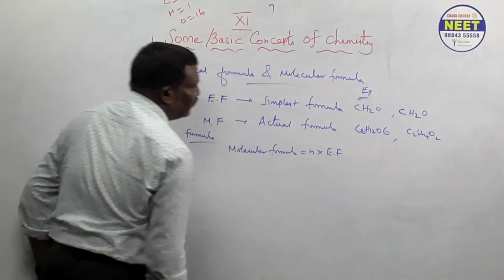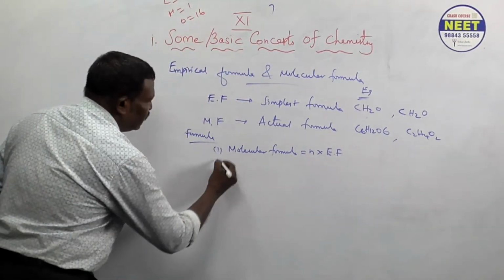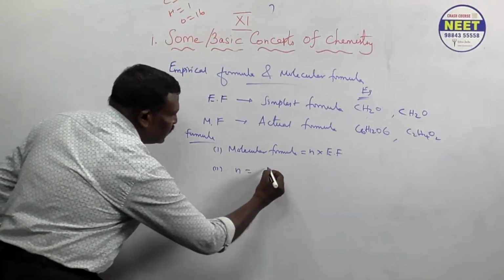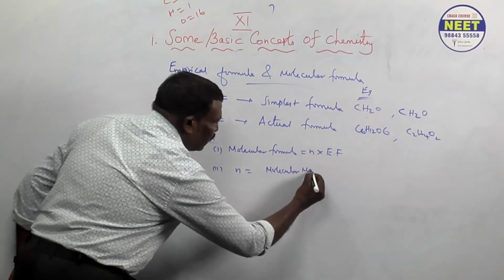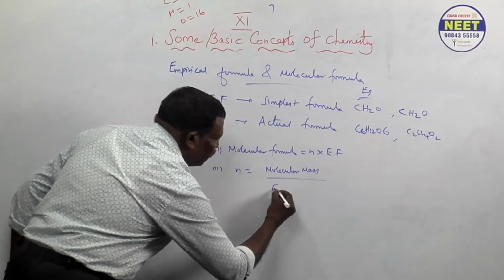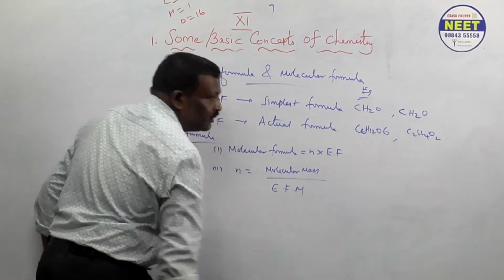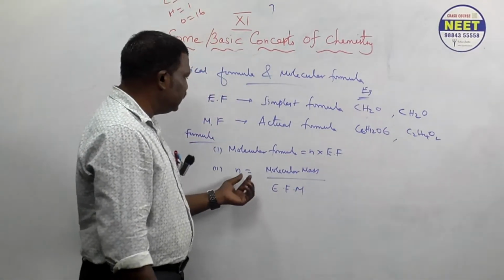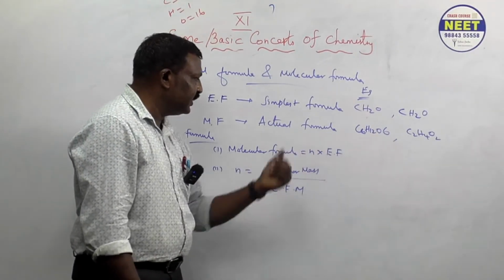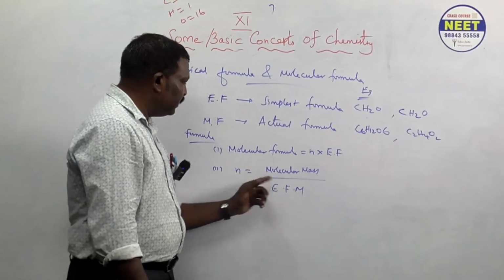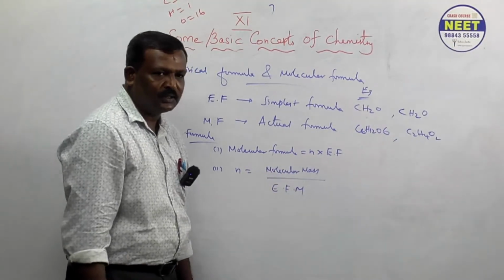Just write. Then what is N? N is molecular mass by empirical formula mass. N means a number only. If you find the number, you can easily find the answer.